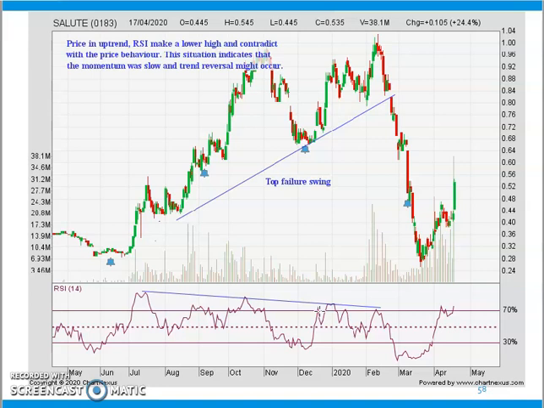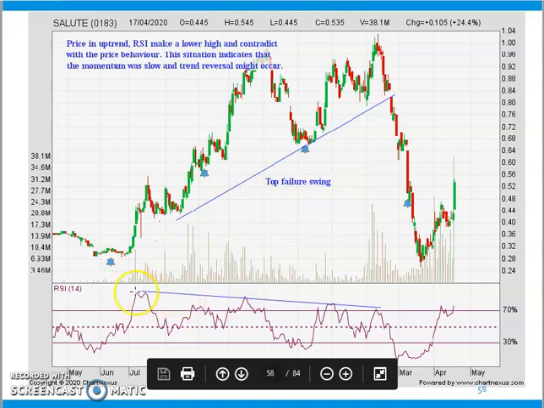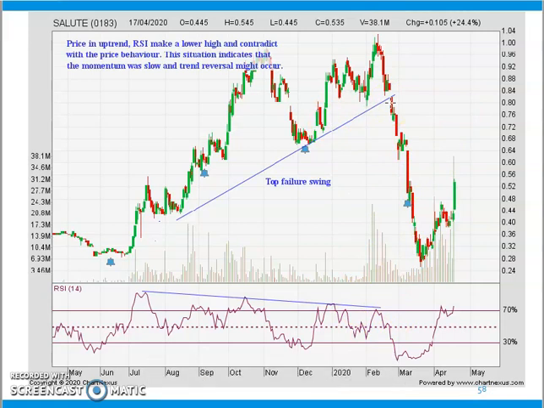So if you intend to buy a stock that is in an uptrend, you might use this top failure swing as one of the signals, whether the trend will continue upward or reverse soon.